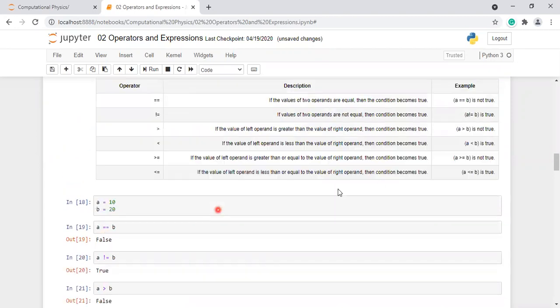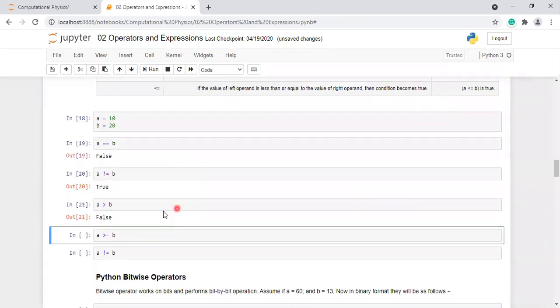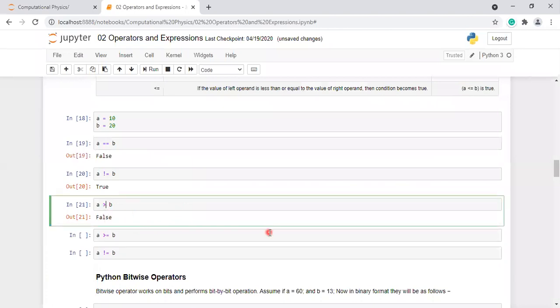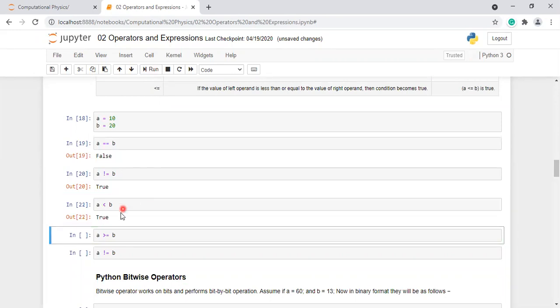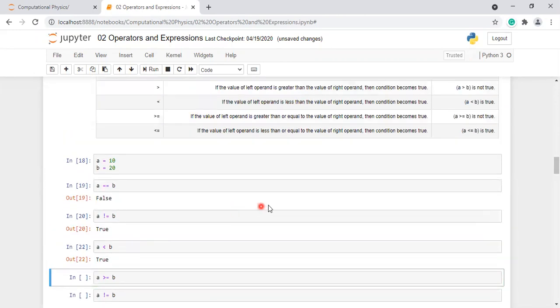Now let us try less than. A less than B. When I run this cell, what will be the output? True. It should be true. Then greater than or equal to. If the value of the left operand is greater than or equal to the value of the right operand, the condition becomes true.